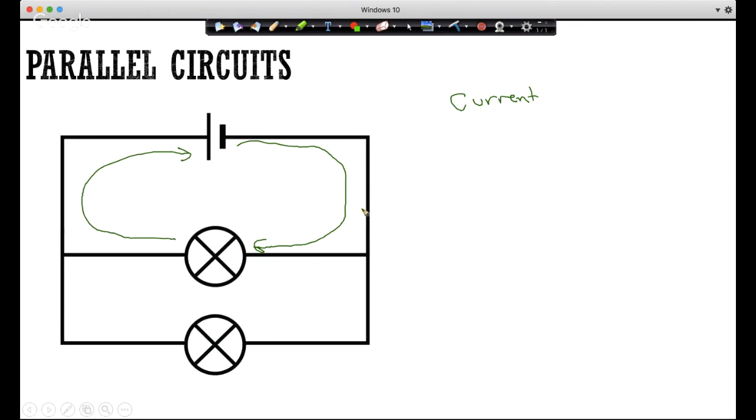Or we've got path 2, which will go around here and back up. If we've got 2 paths, it means there are 2 choices. So actually the current is going to split, because current is the flow of electrons. So current splits down branches.